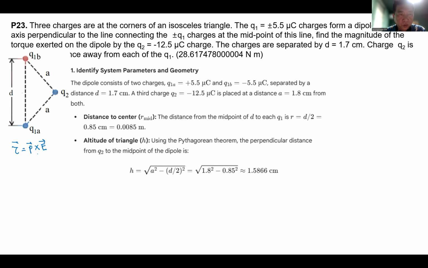And then obviously the dipole will interact with the electric field. And if you look at it, this is an electric field. If there's a dipole, it will feel the electric field at this position. So in other words, this is probably the place where the dipole will feel the electric field from Q2.